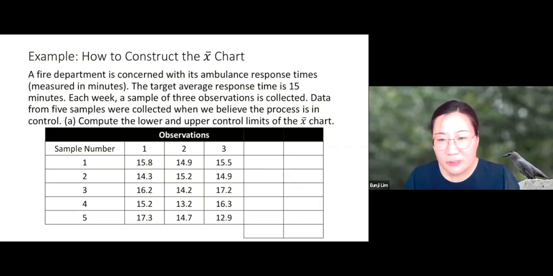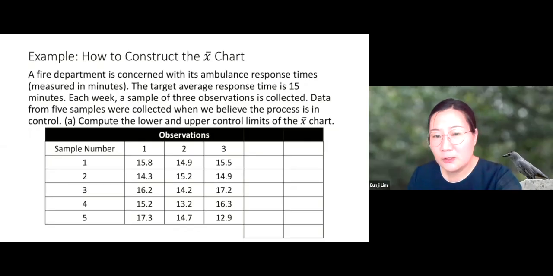The target average response time is 15 minutes. Each week, a sample of 3 observations is collected. Data from 5 samples were collected when we believe that the process is in control. A, compute the lower and upper control limits of the X-bar chart.